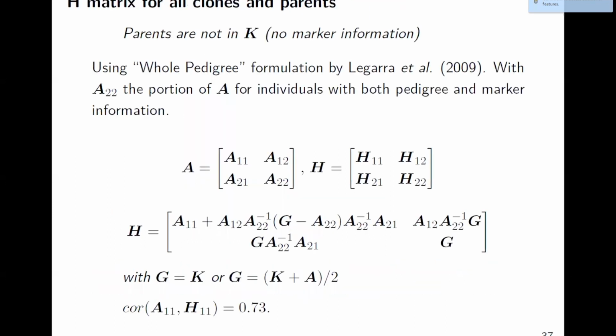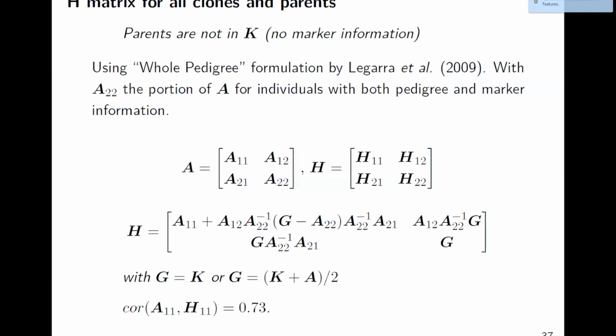And also, because I don't have markers on the parents for this data set, I'm going to use the approach by Legarra 2009, which uses what we call the H matrix, which is a combination of the pedigree relationship matrix and the marker relationship matrix. Basically, we can expand some of the marker information to the whole matrix using this approach.